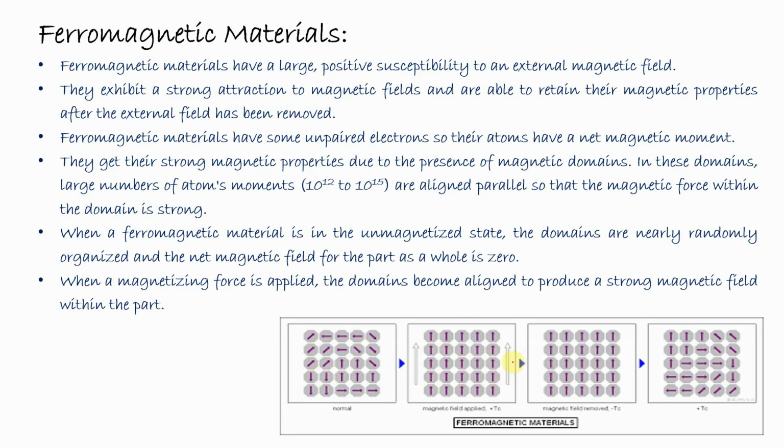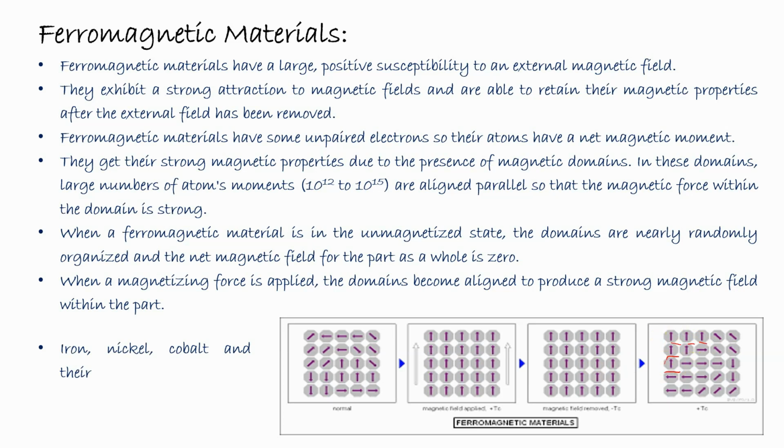But once the external magnetic field is withdrawn, some amount of electrons will still be arranged in a symmetrical order. That can be shown here. That means this type of material can retain the magnetic property after withdrawing the external magnetic field.